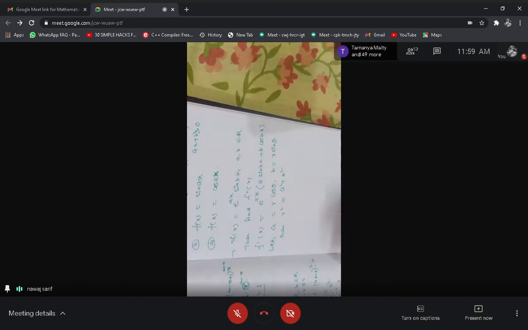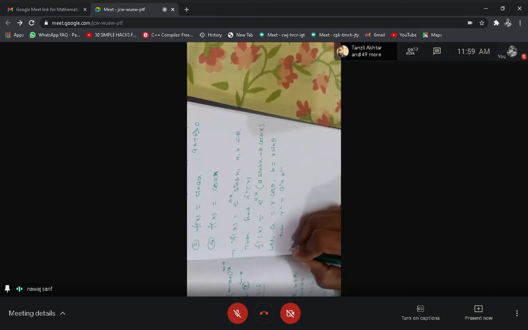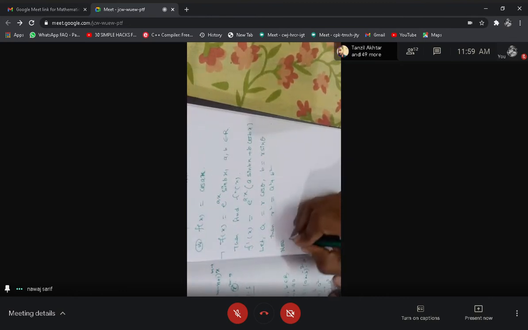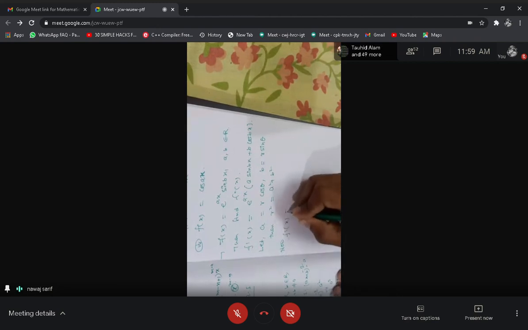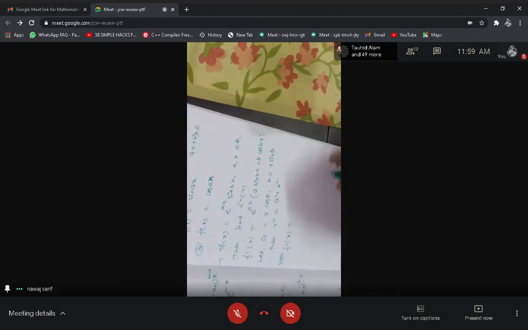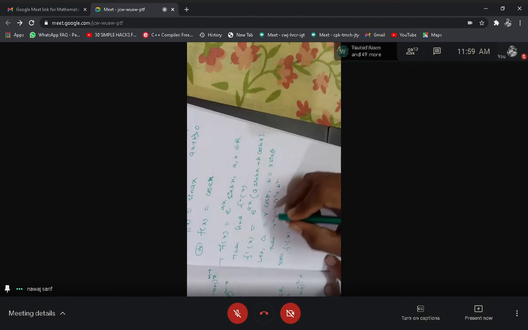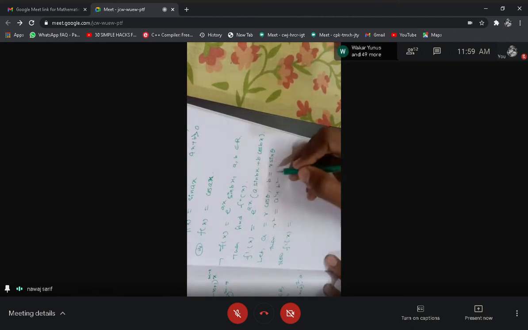Now using this in the equation for f dash x, put a equals r cos theta and b equals r sin theta.